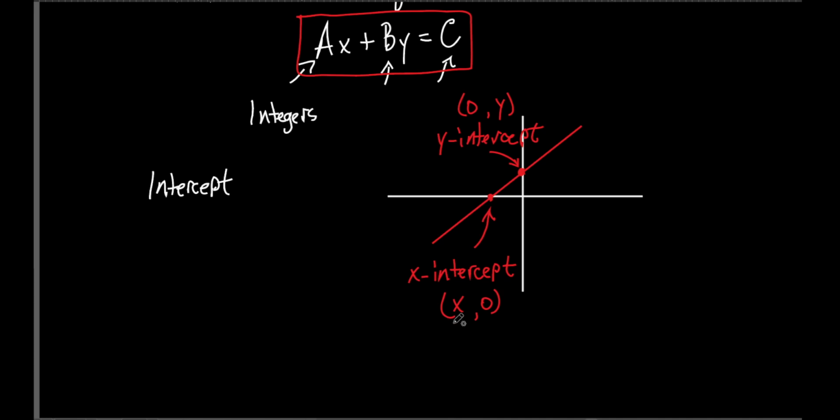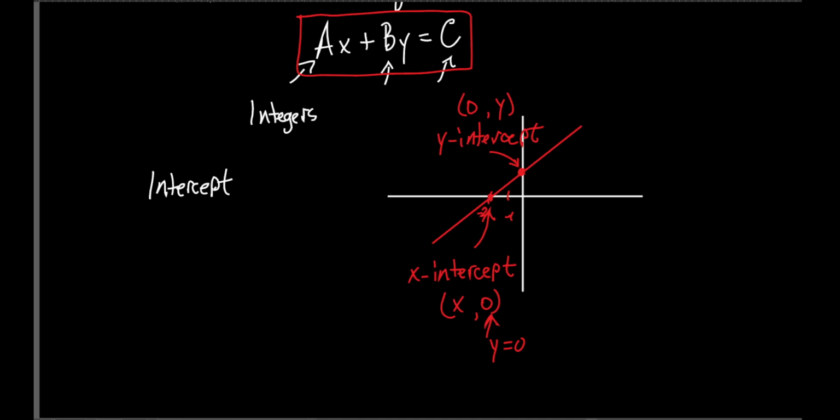Okay, if I wanted to find the x-intercept, what is the y going to be? Like the x-intercept, this could be like -2, right? All right, so let's say this was 1 and this was 2, -2, -1, okay? So if I wanted to find the x-intercept, what I'm going to do is I'm going to set the y equal to 0.